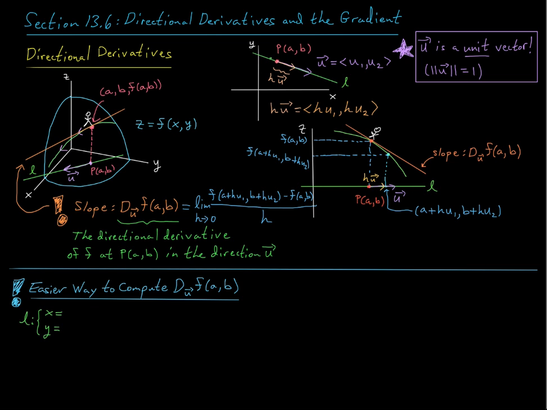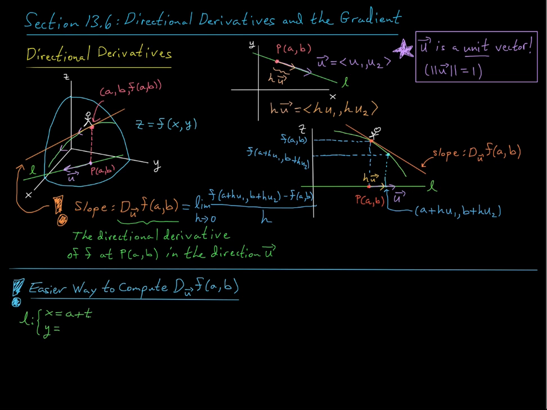So all points x, y that are along the line L are going to be of what kind of form? Well, the initial x-coordinate is just a, and then as I move along L, I'm really just adding scalar multiples of the vector u to this initial location at P. I'm going to call these multiples t.